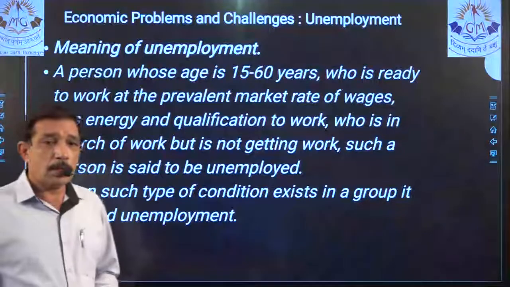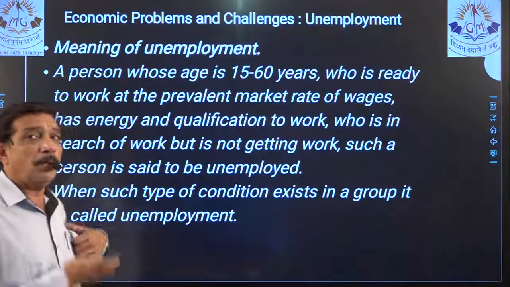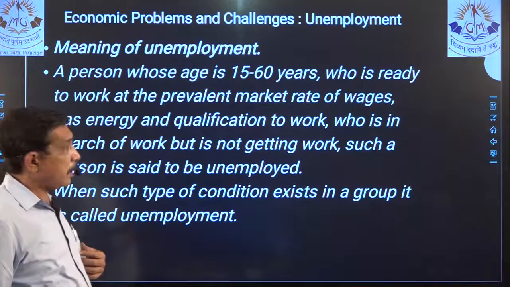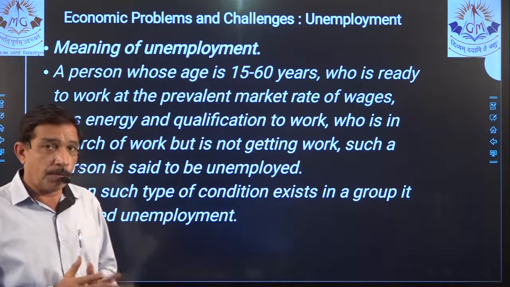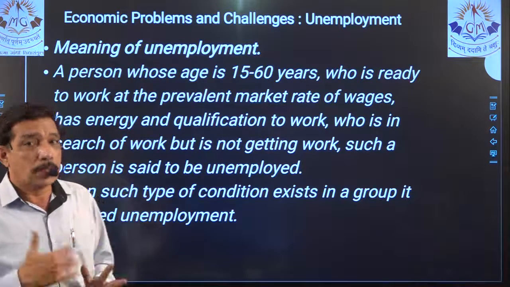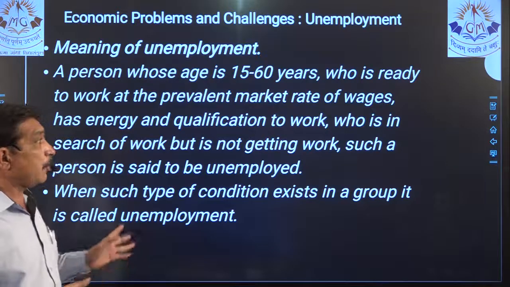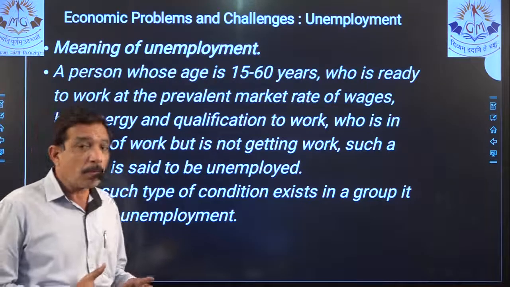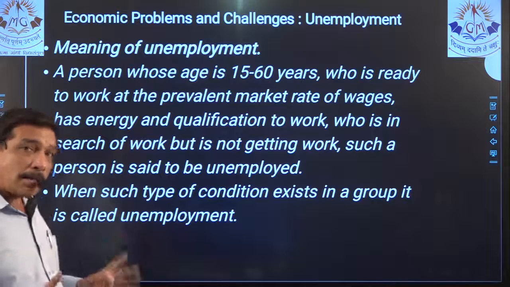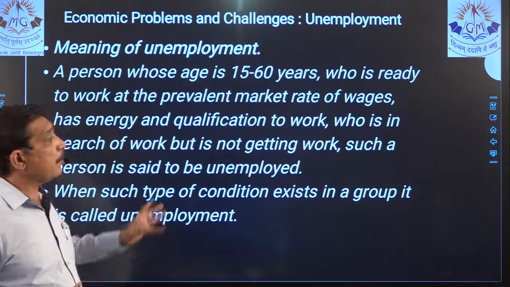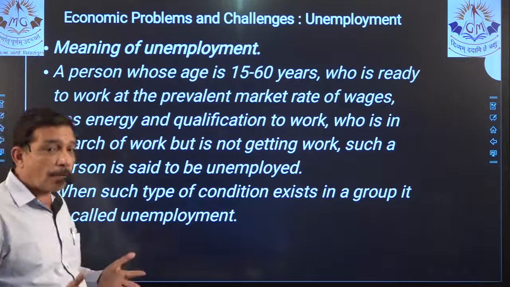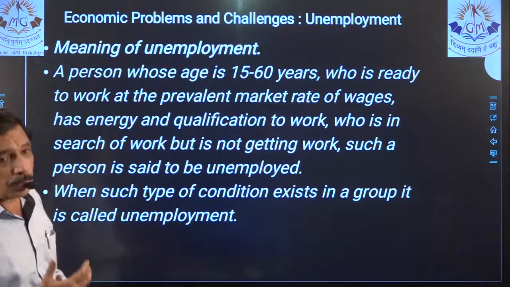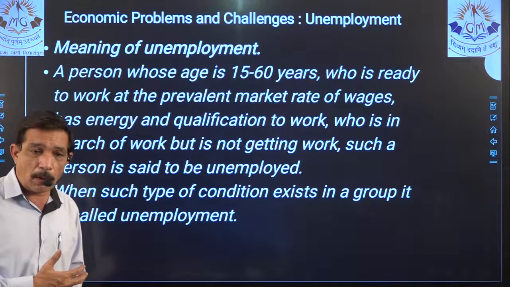So first thing is we got to define the meaning of unemployment. That means a person from the age of 15 to 60 who is ready to work at the prevalent market rates of wages, who has energy and is willing to do work, and has the qualification for work also, who is in search of work but is not getting work. Such a person can be called an unemployed person.